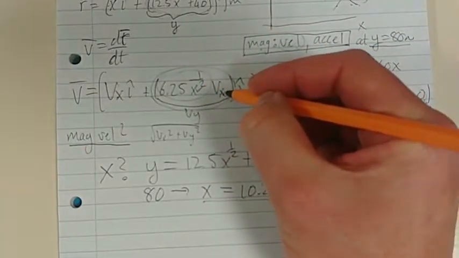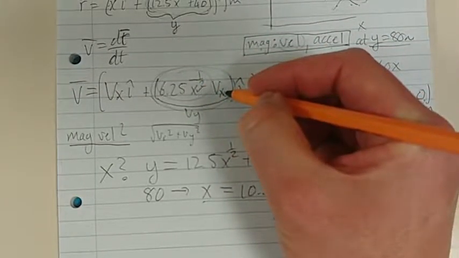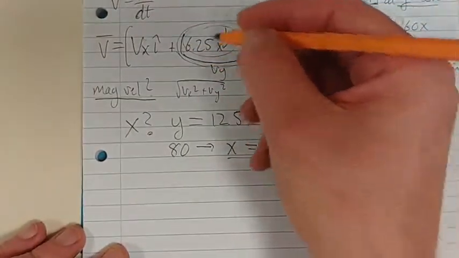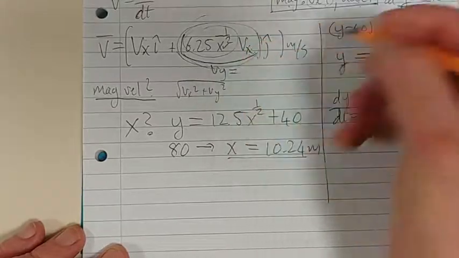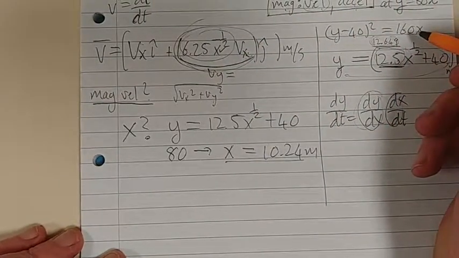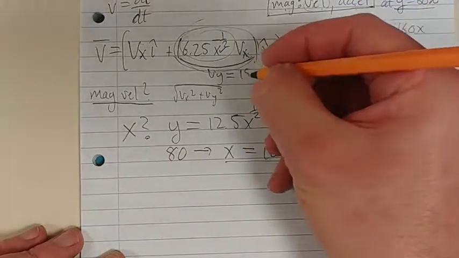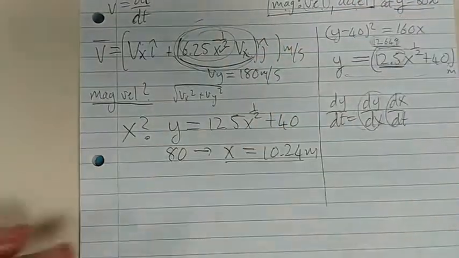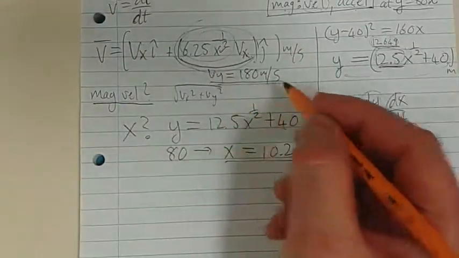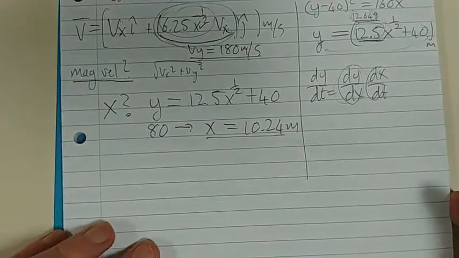Now what is Vx? How would I calculate Vx? Well, I know this whole thing is Vy, and Vy is equal to a constant 180 meters per second. I'm not sure if I mentioned that in the beginning, but if you look in the problem, it says there's a constant vertical velocity of 180 meters per second.